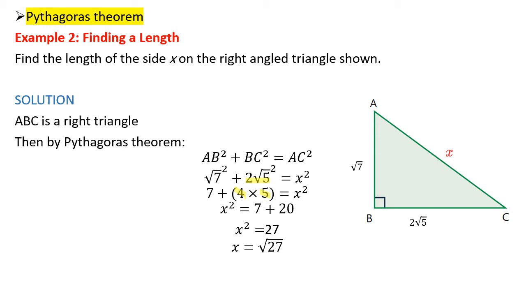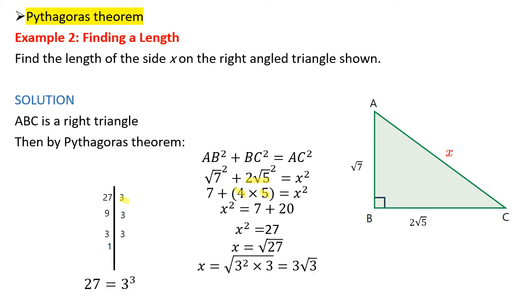Now, how do we solve radical 27? We do prime factorization and we divide by the prime numbers. The first prime number is 2, but 27 is not divisible by 2. Then we divide it by the second prime number, which is 3. We do the prime factorization, and the answer will be 3 cubed.